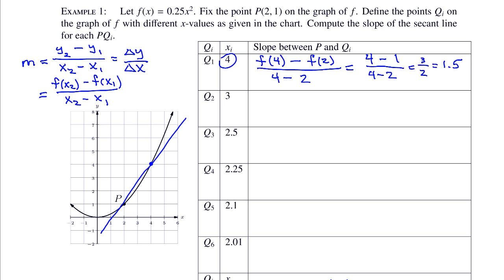Exactly. 225 is this S3. Okay. So 225 minus the y. Well, it's a formula.